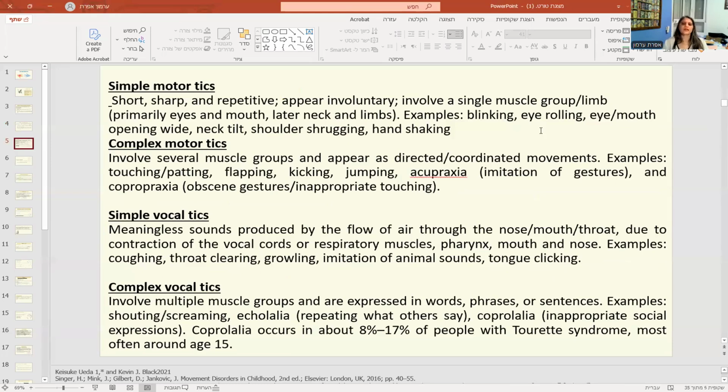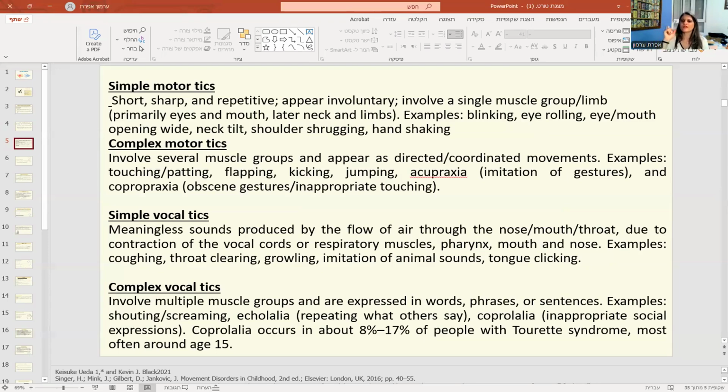There are two kinds of tics, motor tics and vocal tics. There are simple motor tics and complex motor tics, and simple vocal tics and complex vocal tics. The simple motor tics are sharp, short, and repetitive. They appear involuntary.